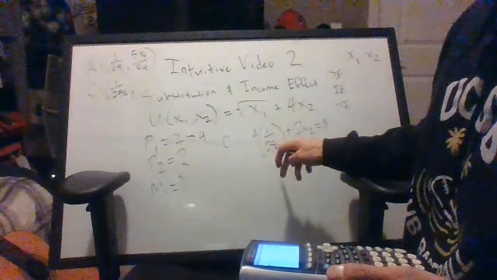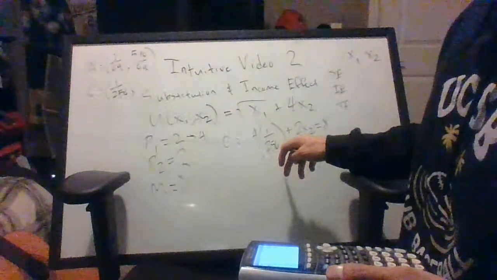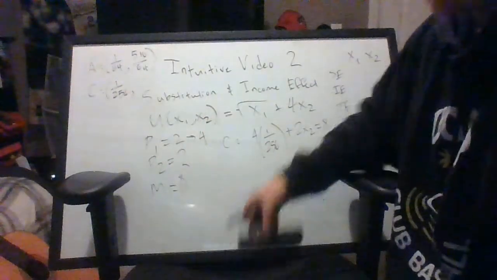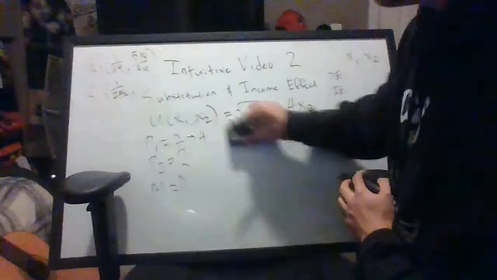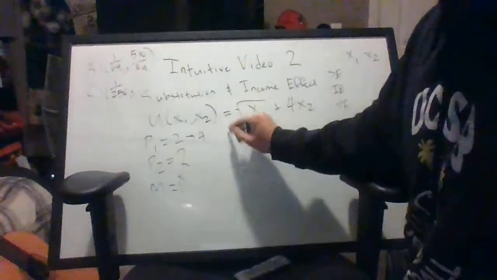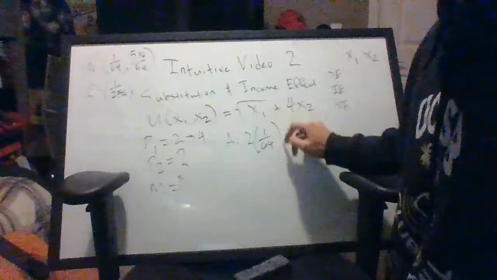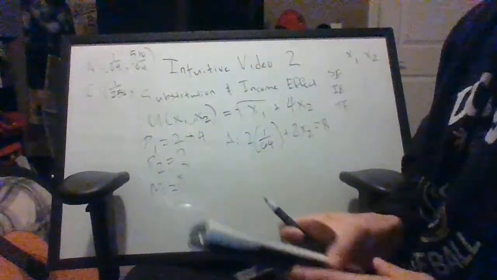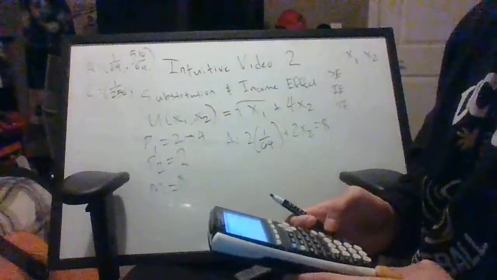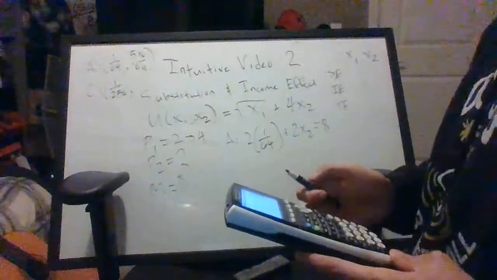Here, 1 second. This is probably not ideal for a YouTube video, but I just need to double check that I remember to divide by 2. So going back to point A, we had x1 was 1 over 64, so 1 over 64 plus 2x2 equals 8. So 8 times 64, 512.